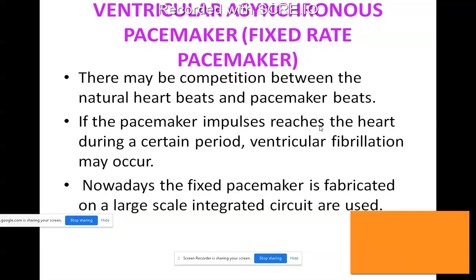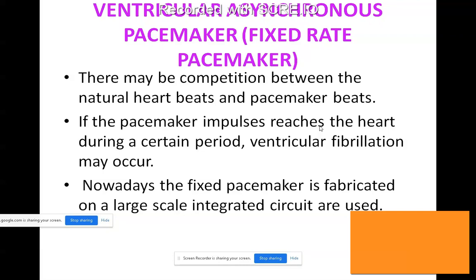If the pacemaker impulses reach the heart during a certain period, ventricular fibrillation may occur. So ventricular fibrillation is nothing but, what is fibrillation? Shocking will be called fibrillation.